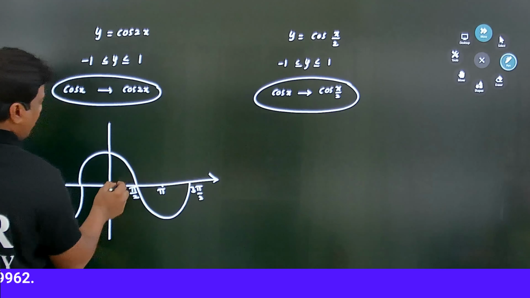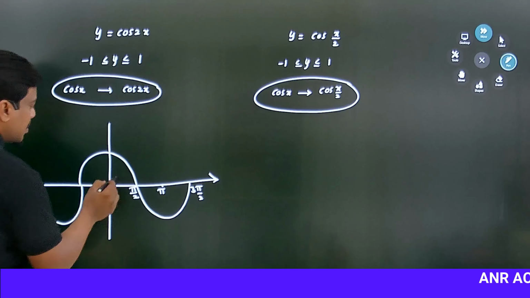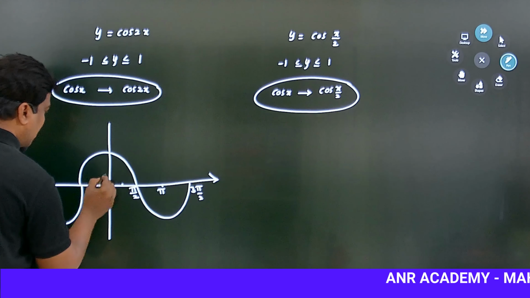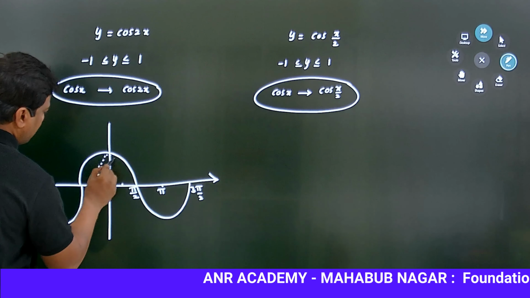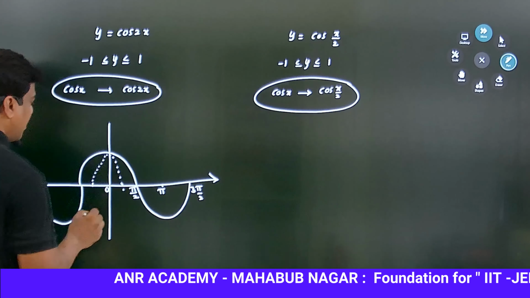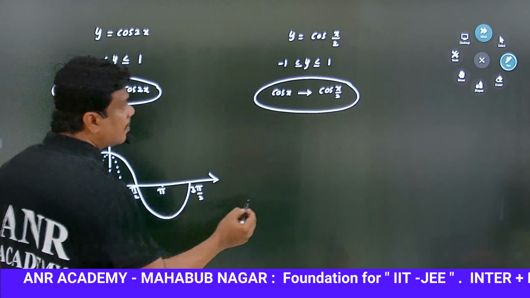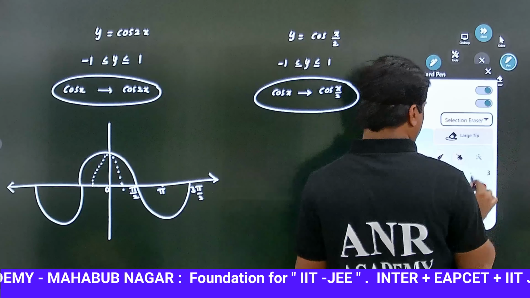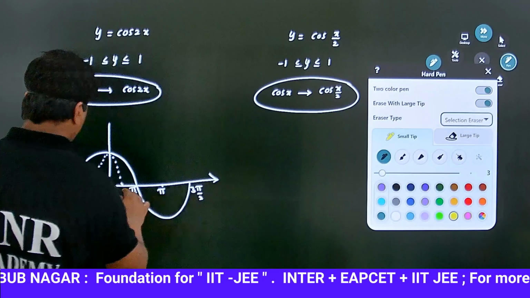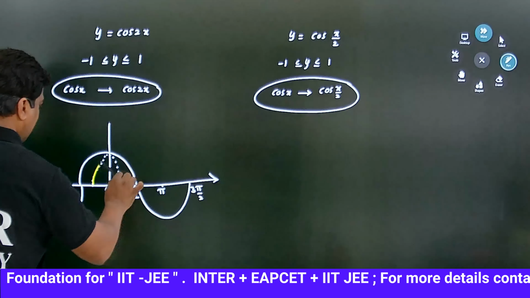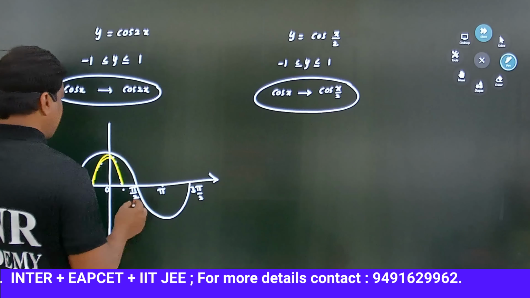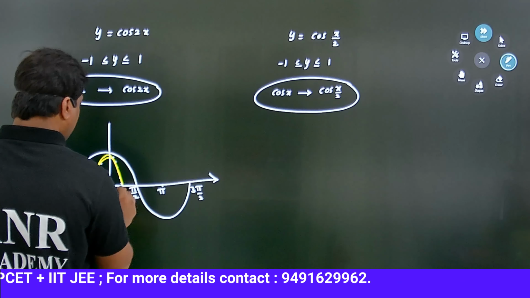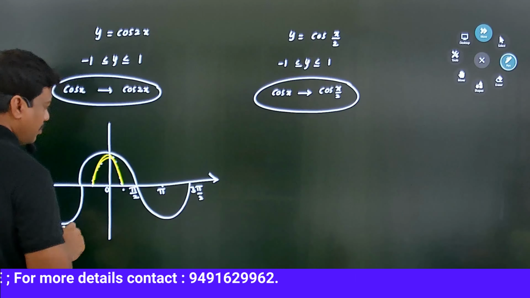At pi by 4 it becomes 0. You have to shrink the graph. So the graph exists in this way. This is the graph. Next, at pi by 4 it becomes 0.